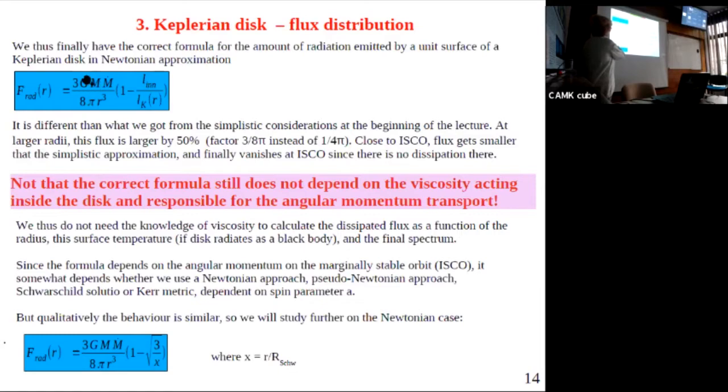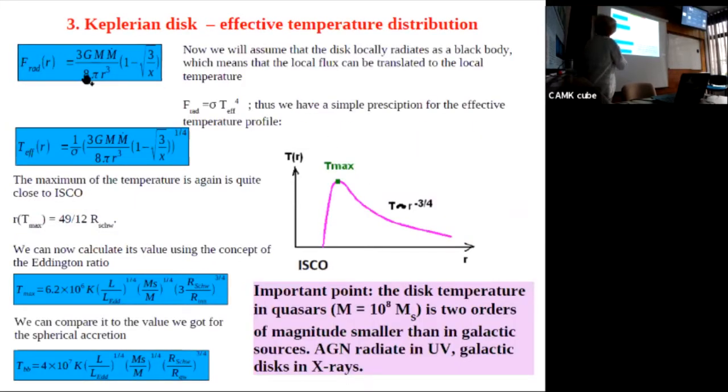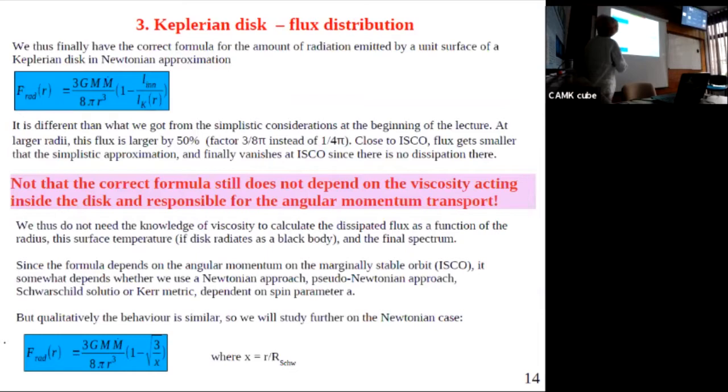On the other hand, it differs from the previous expression because you have here factor 3, and here you have this value of the Keplerian angular momentum at the ISCO orbit. So you can guess immediately that it will depend on the approximation. If you use pseudo-Newtonian, whatever, we will talk about it at the end of the lecture, it will be different.